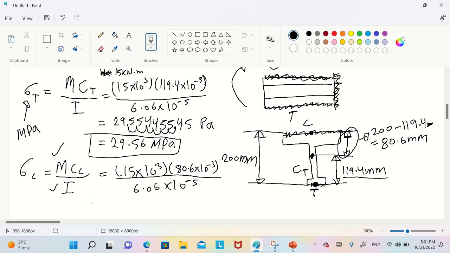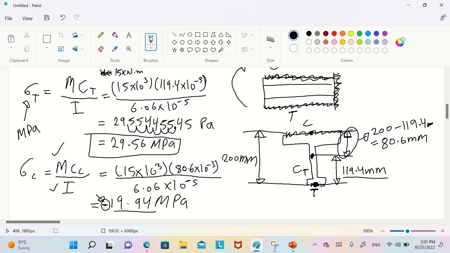power minus 5. You will get 19.94 megapascal. You can put here minus. That's okay. But the minus here does not mean that the value is negative.